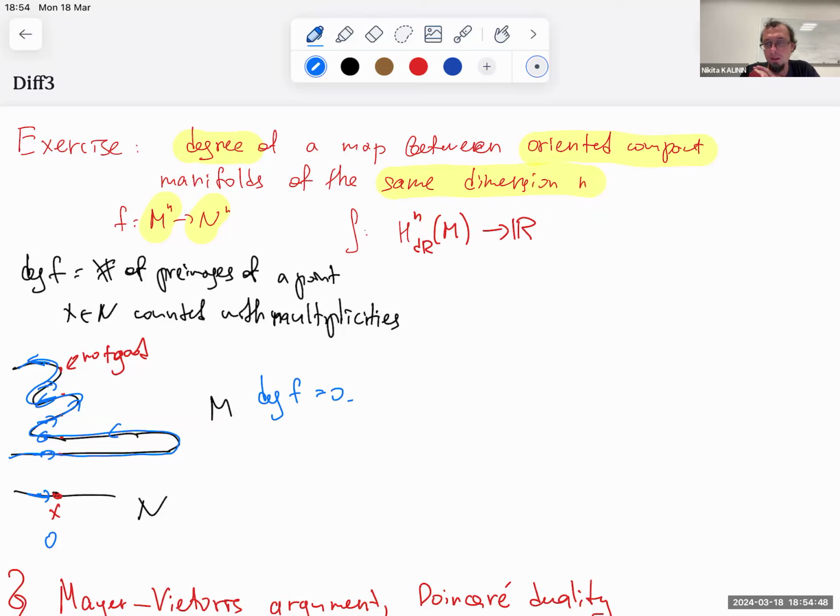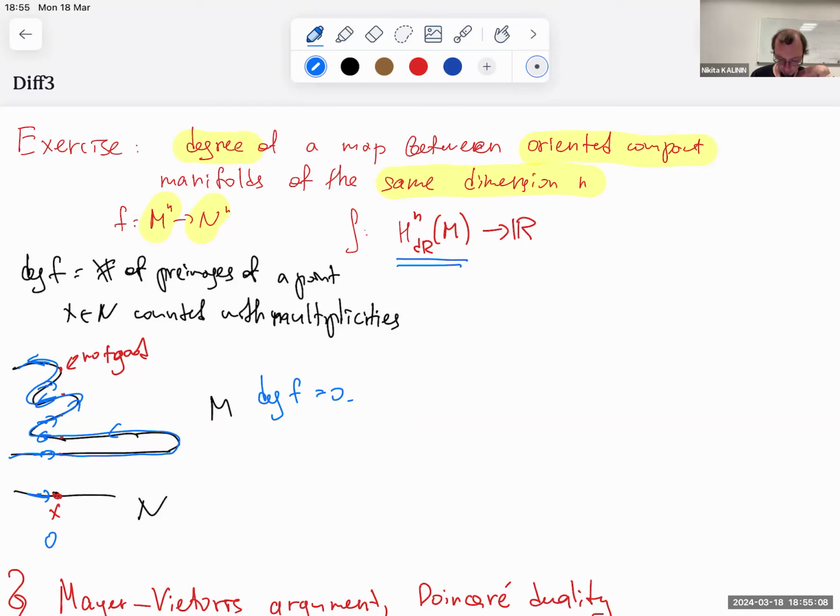If we know that our manifolds of dimension n have, for example, one-dimensional nth de Rham cohomology, then in this de Rham cohomology there is a function to R, which is called integration.